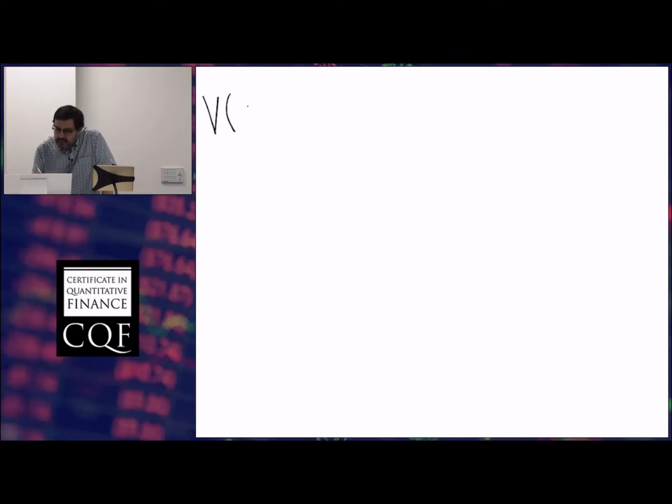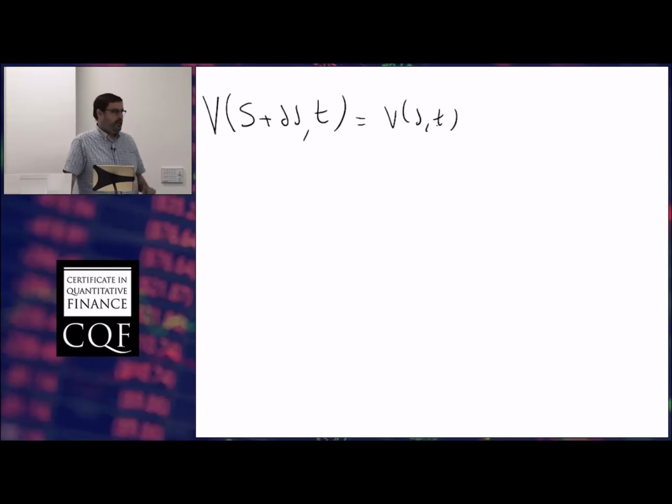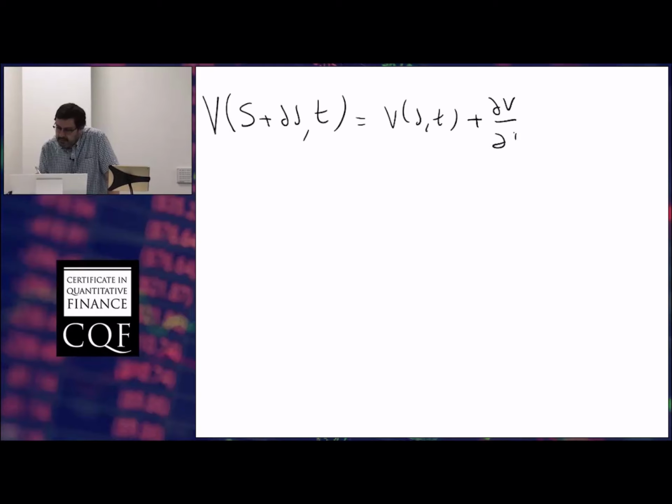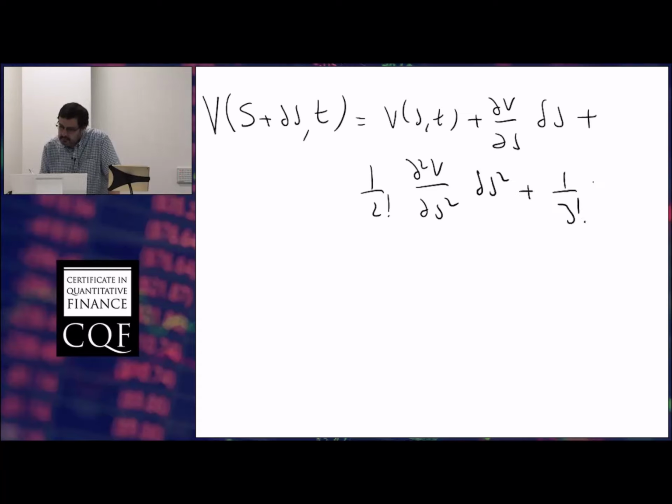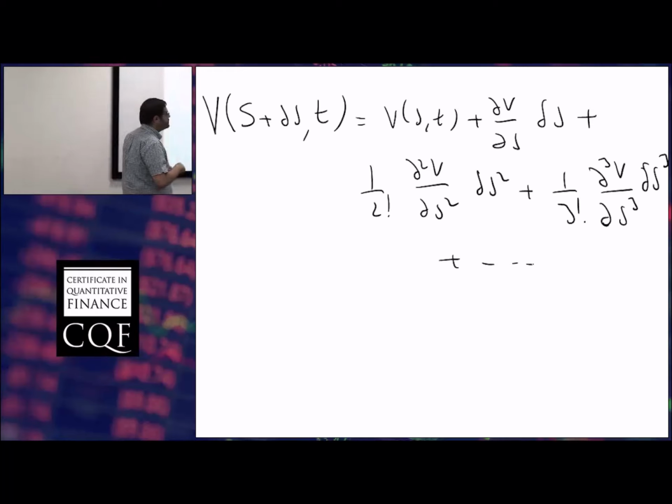Here's V as a function of S plus delta S, comma T. We can write this down as V of S, T, in this calculation I'm not going to allow the t to change because we're just focusing on S, plus dV by dS times delta S, plus 1 over 2 factorial, d squared V by dS squared, delta S squared, and so on, dot, dot, dot.